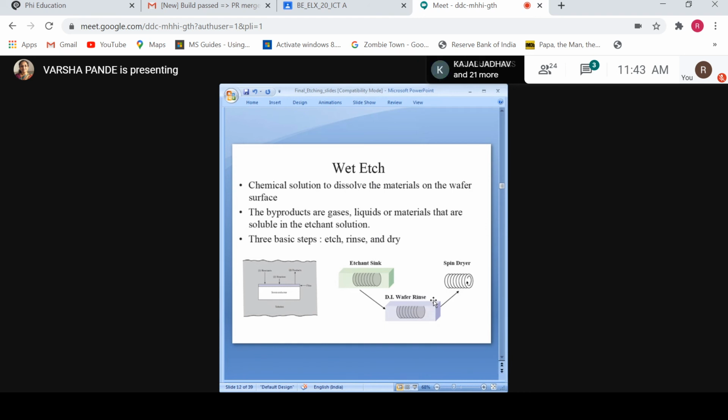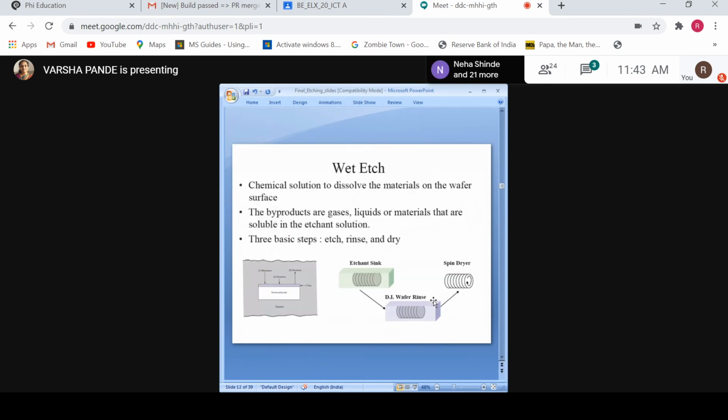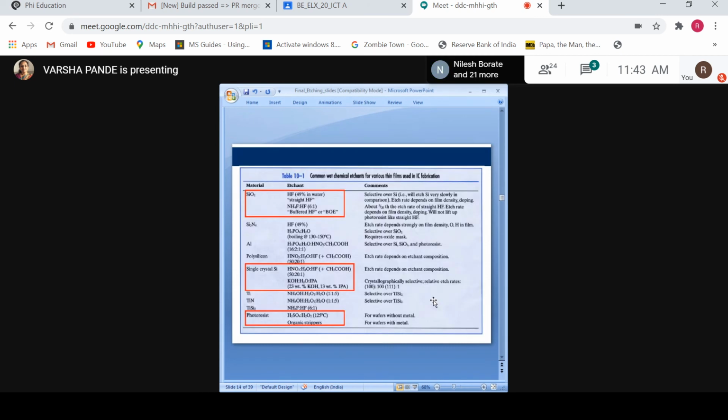So these three basic steps are there, these are the chemical reactions and these are the steps. Now again see, this is a table of some chemical etchants for various thin films used in IC fabrication.